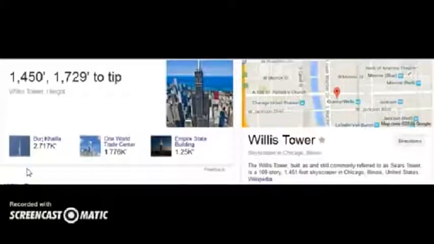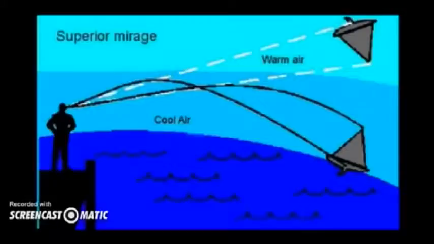So the Sears Tower, also known as Willis Tower, being at 1,700 feet to the tip, the whole tower basically should be behind the horizon or the supposed curvature of the Earth.